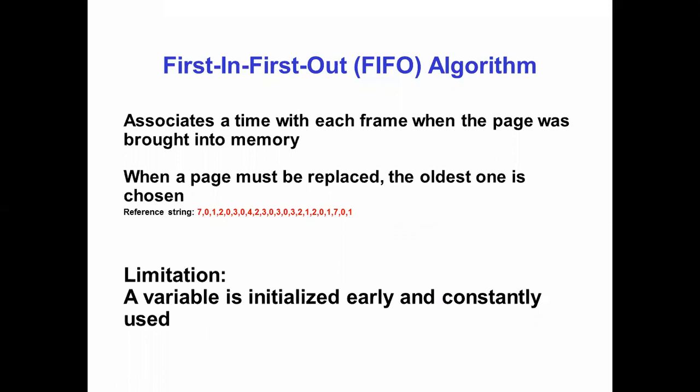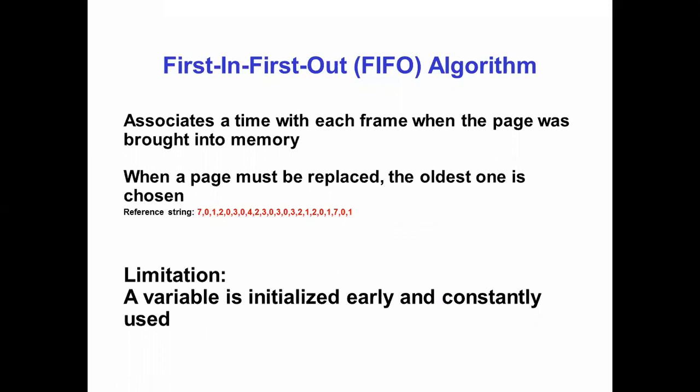In the next phase we will use this reference string. Now we can check the limitation. What is the limitation? A variable is initialized early and constantly used. Here also there is a need for a variable, which will be initialized by the operating system.